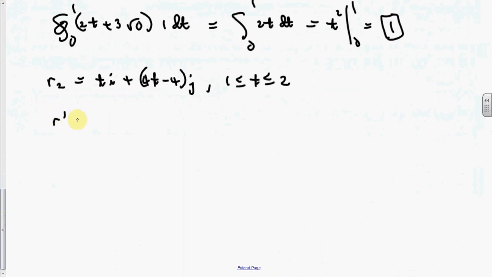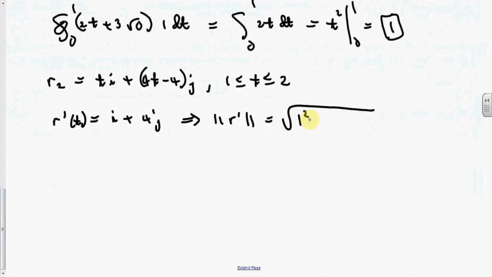So here, this r prime of t is equal to i plus 4j. We find its norm. This is the square root of 1 squared plus 4 squared. We get the square root of 17. Remember, for this one, x is equal to t and y is equal to 4t minus 4.